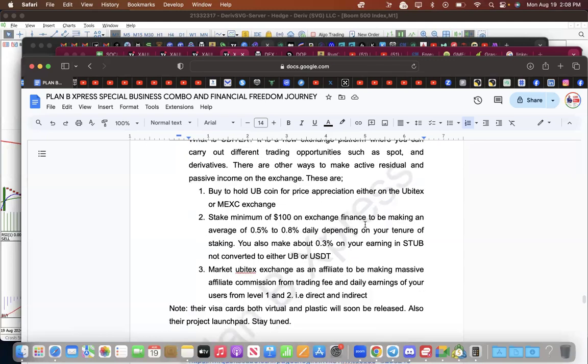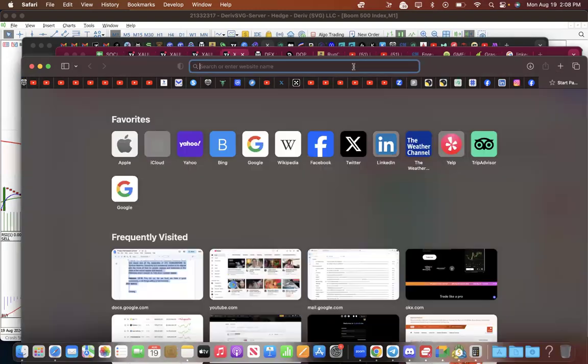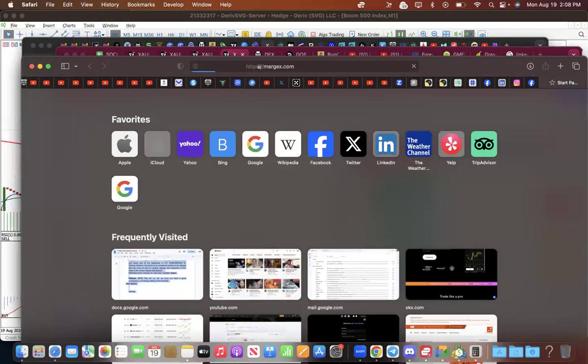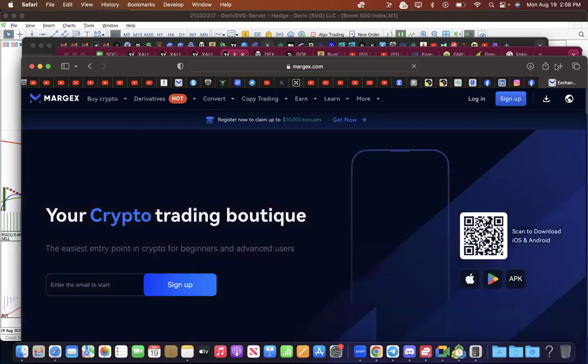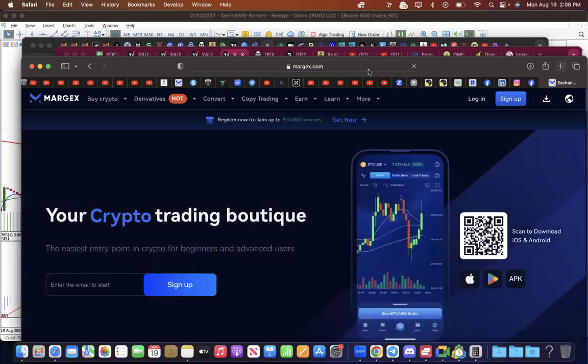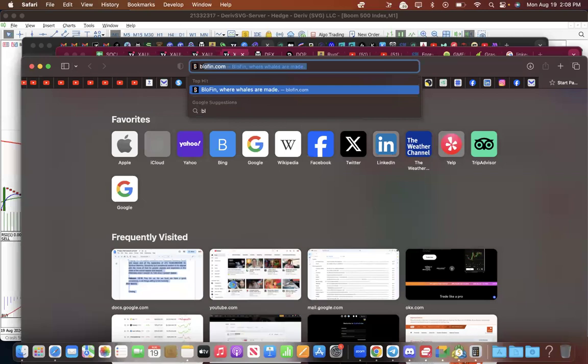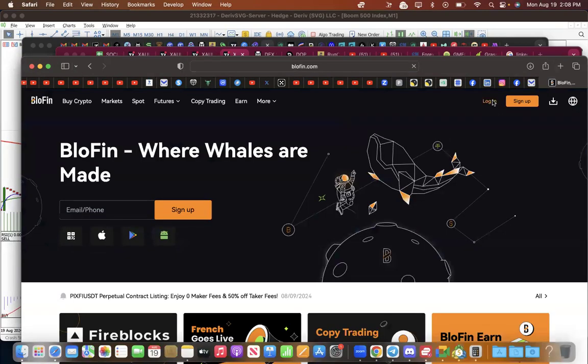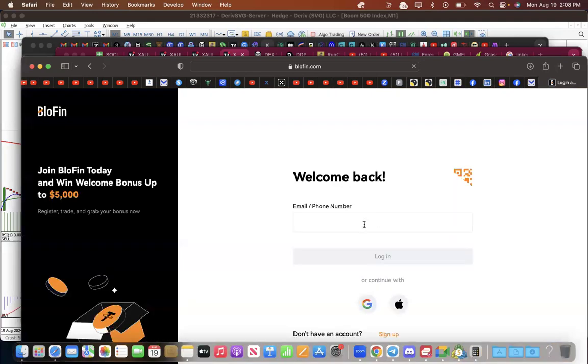There are so many exchanges that I've used that you don't even need to do KYC. Examples are called Bluffing, and another one is called Magus. So those of you who don't have an ID card to do KYC, you can open a Bluffing account and a Magus account and trade free. No need for KYC and all of that.